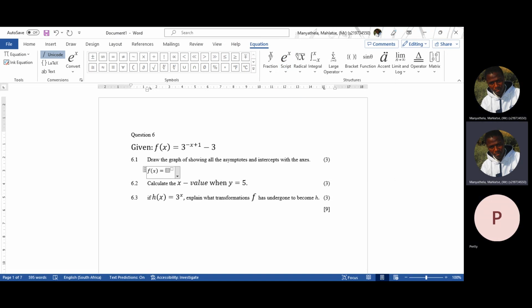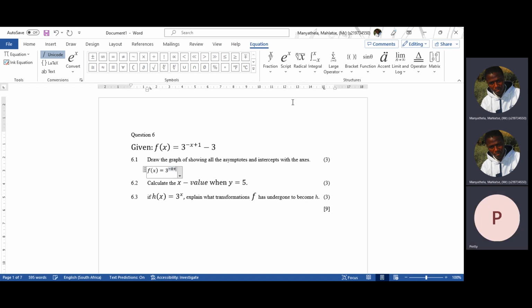So we'll have 3 to the exponent negative 0 plus 1, subtract 3. This one you can just do on a calculator straight away. It will give you an answer. You don't have to sweat.